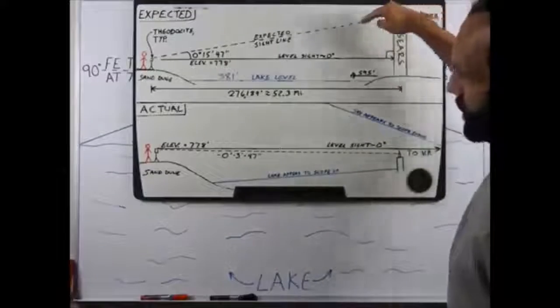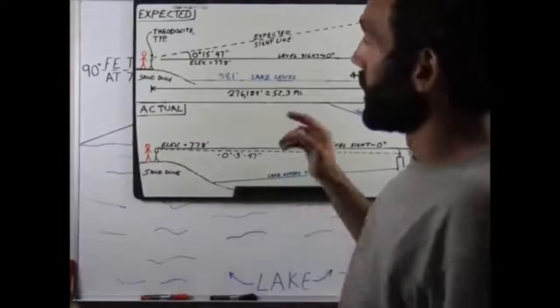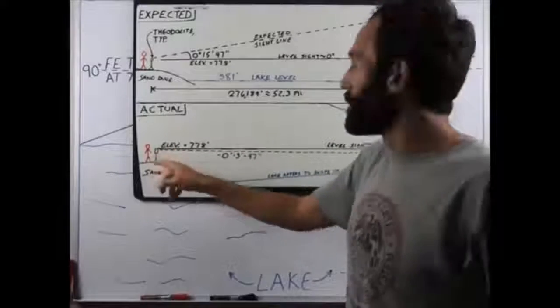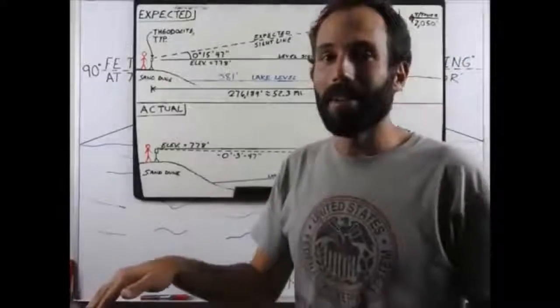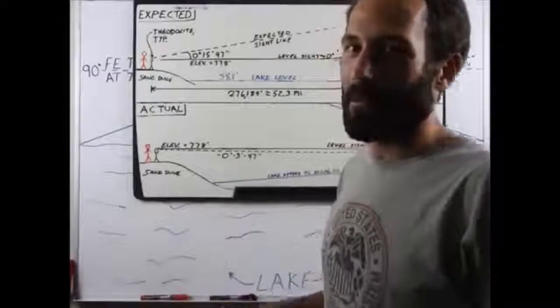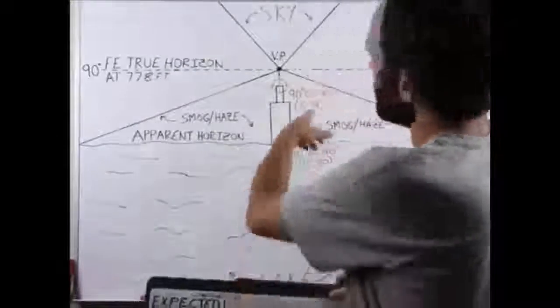We would see it angling down just like this expected sight line, wouldn't we? But Red Pill World would see it like this. He would see it sloping down. Kind of crazy to think about, just like the hallway, because this would be his view.